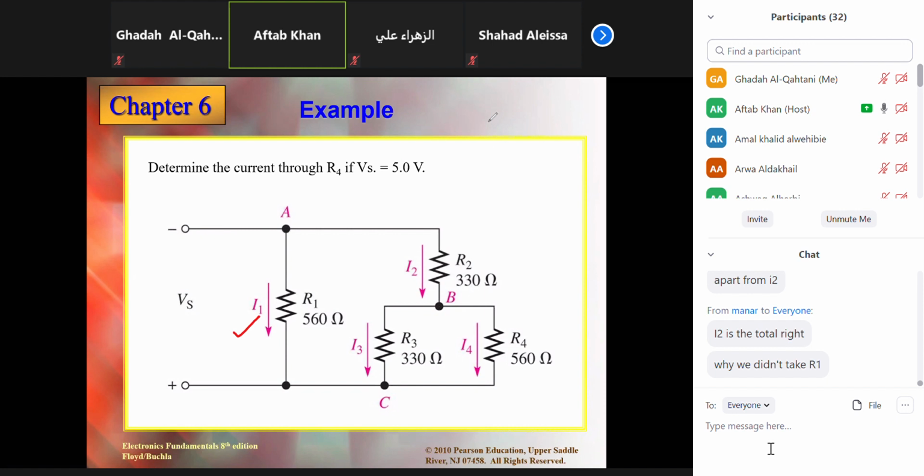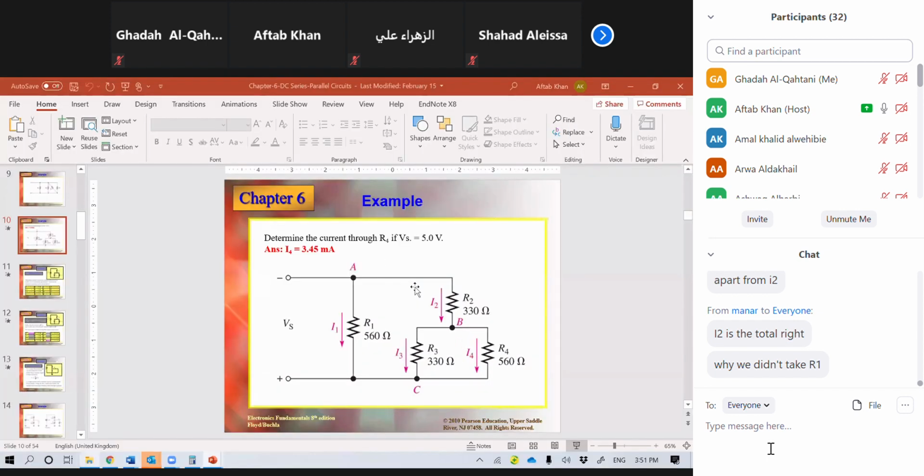You are not restricted. You can apply voltage divider, current divider, whatever.